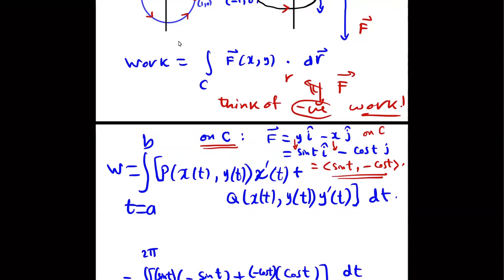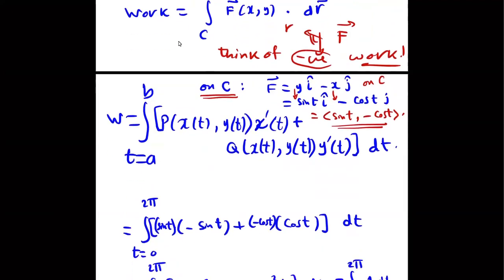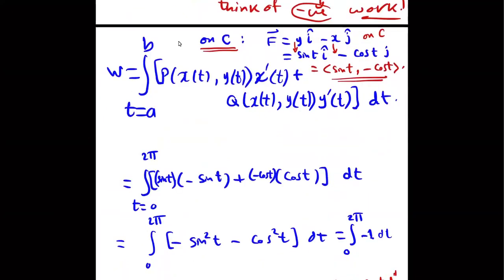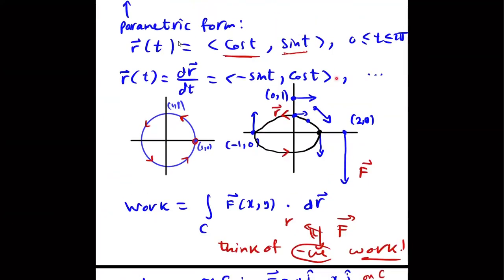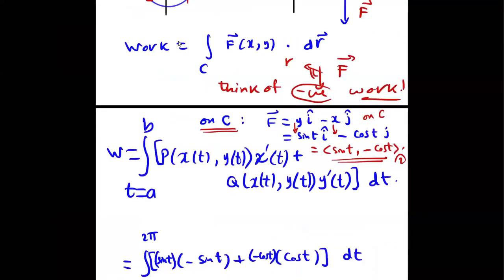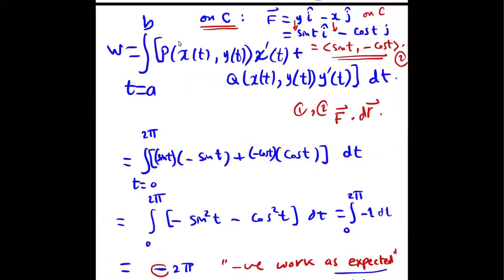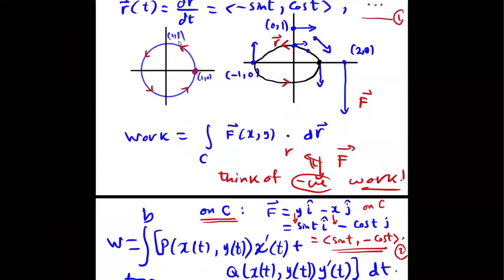Dot product this with dr. What is the dr? We already prepared this dr. dr is this derivative times dt. So one, two, one, two gives you F dot dr. Multiply what?